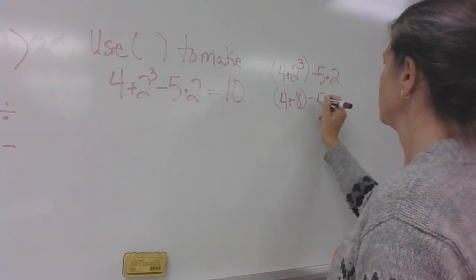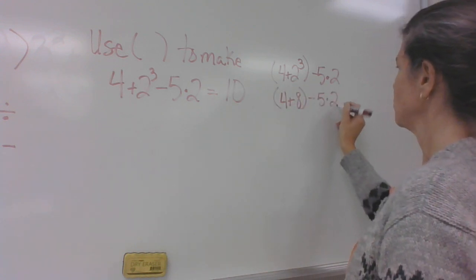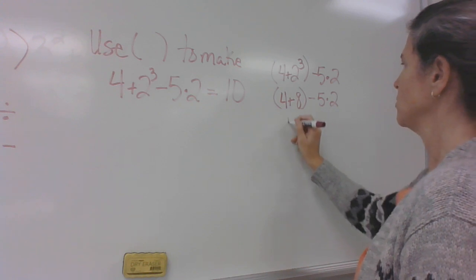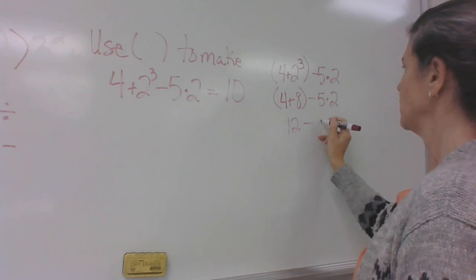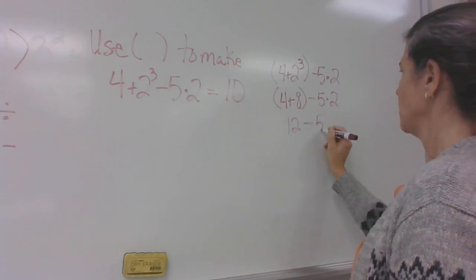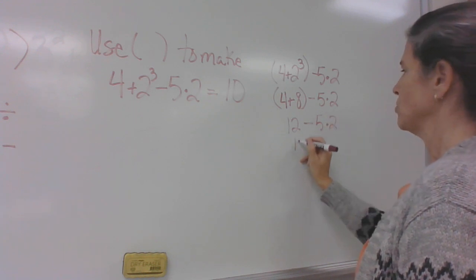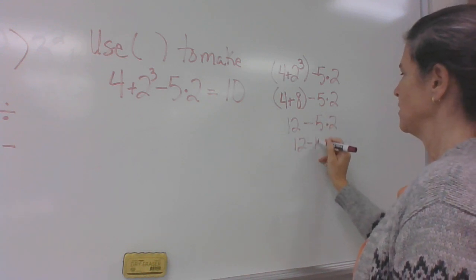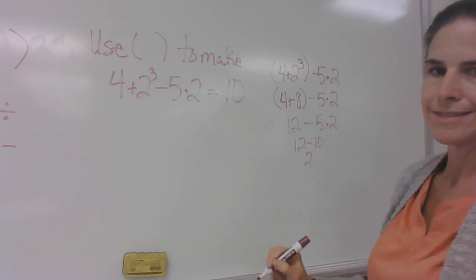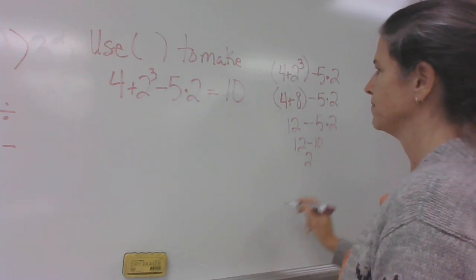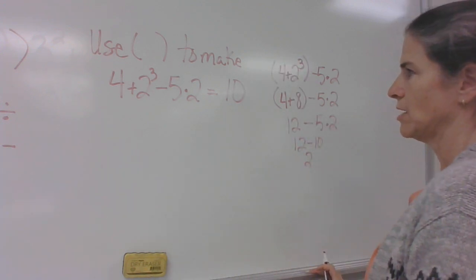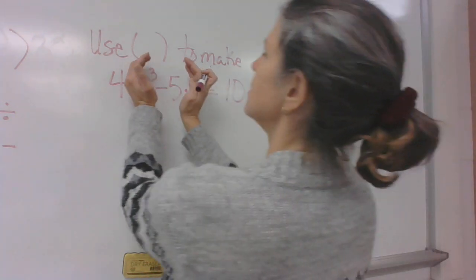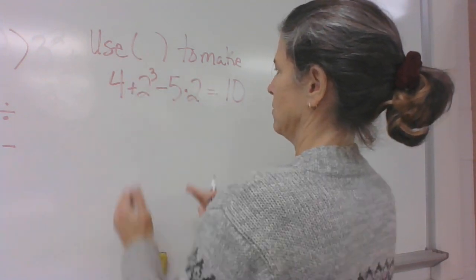Okay, 8 plus 4 is 12, minus 5 times 2. So 12 minus 10 equals 2. That's not going to work.